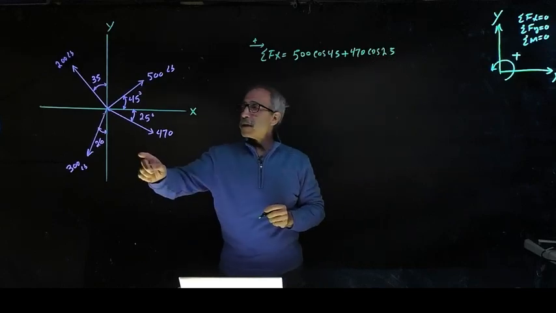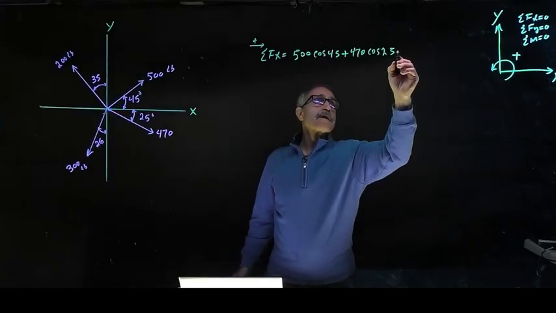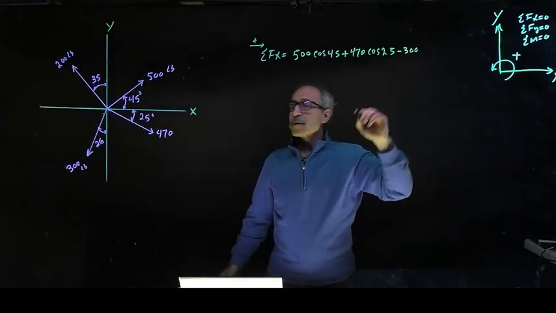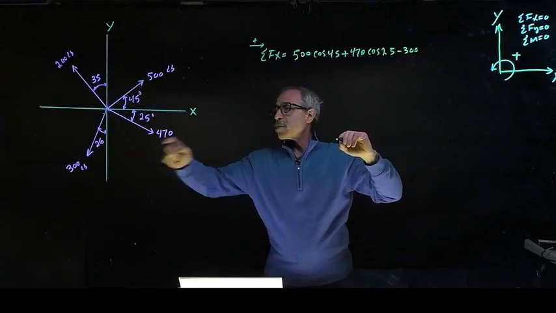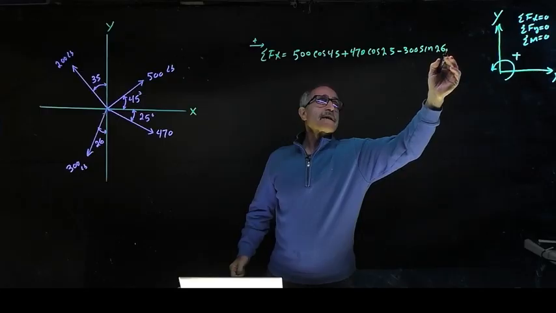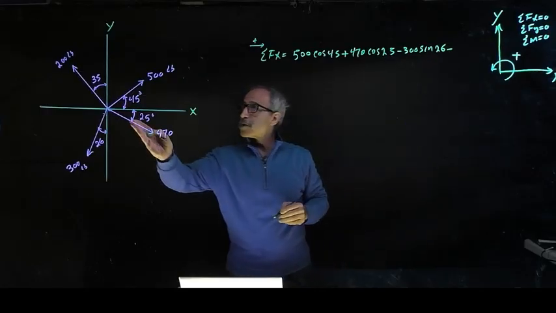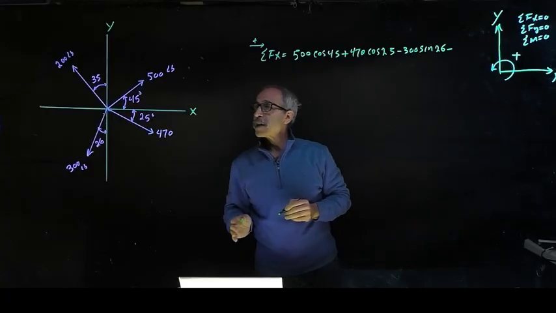And the next one is going the other way, so it's going to be negative: minus 300 sine 26. And finally, minus, this one is going that way: 200 sine 35.